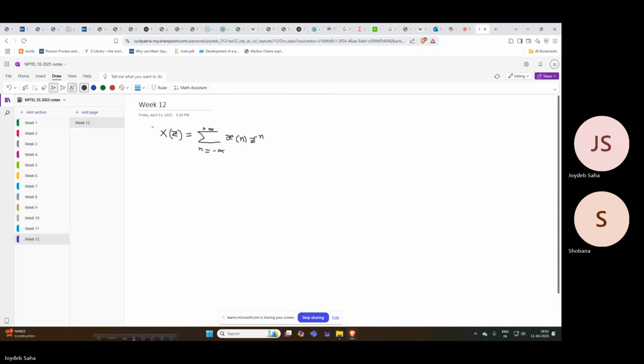So this is the formula of the Z transform.